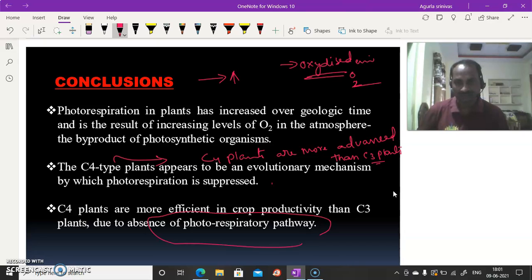As I told you, the photorespiratory pathway is a waste process. There is only utilization of ATP. There is no production of any other molecules. So it is an energy consuming process. C4 plants do not involve photorespiration, but C3 plants do. That's why C4 plants are more efficient in crop productivity than C3 plants.